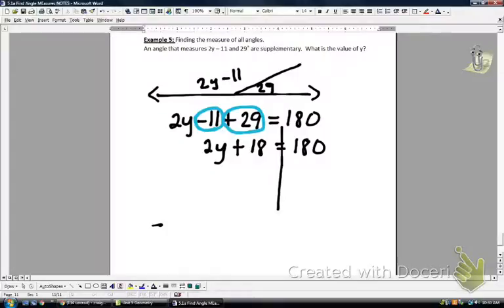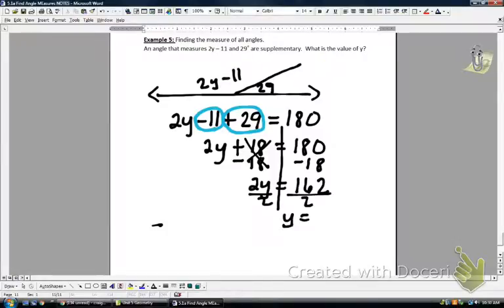And then I'm going to use algebra to solve. Undo addition with subtraction. 180 minus 18 is 162. Divide both sides by 2. y equals 162 divided by 2 is 81.